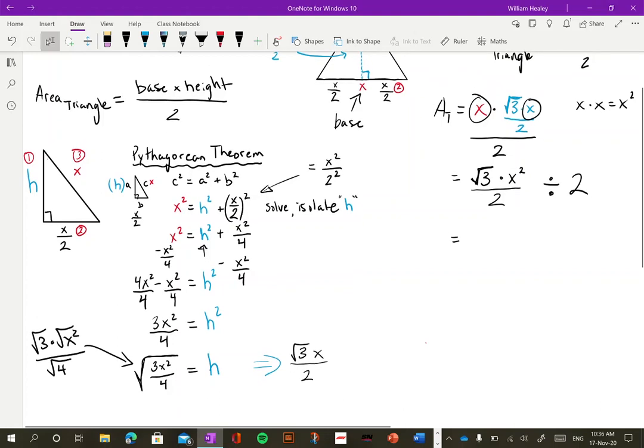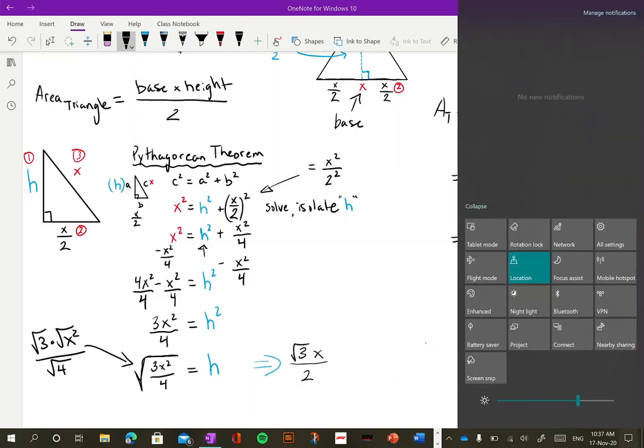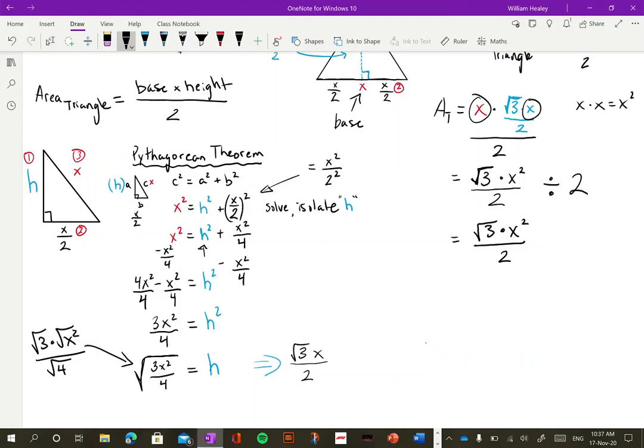When we divide by 2, we're going to keep the first fraction the same. 2 is really written as 2 over 1. When we write 2 over 1, we are going to flip the second fraction and multiply. Times, we flip this one, 1 over 2.